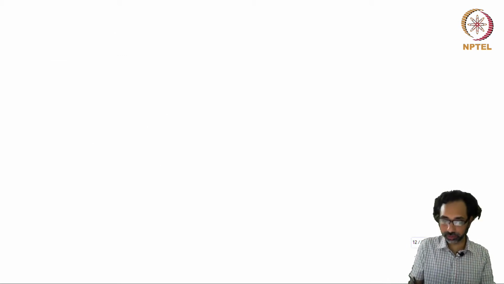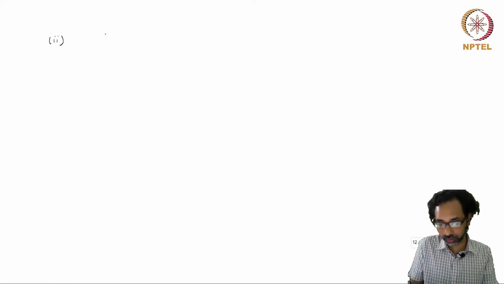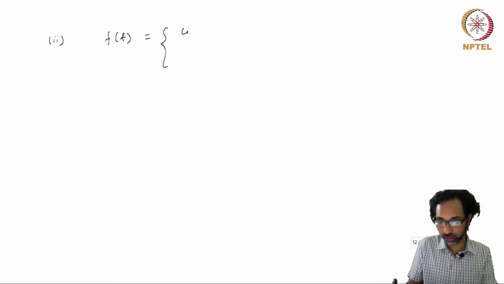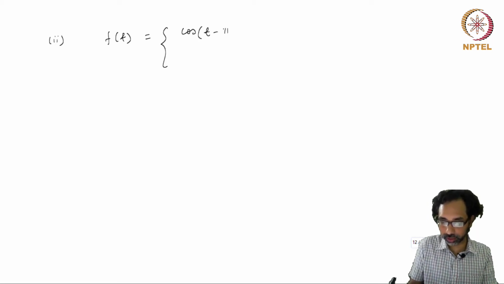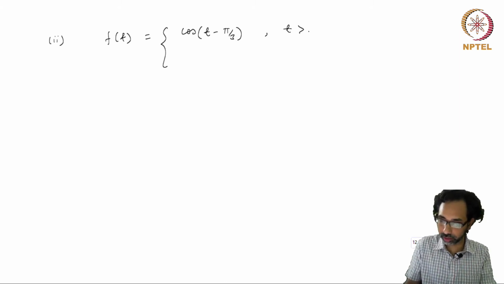For the second shifting property, let's see another example. Let's say our function is given by cos of (t minus pi by 3) for t greater than or equal to pi by 3, and 0 if t is between 0 and pi by 3.